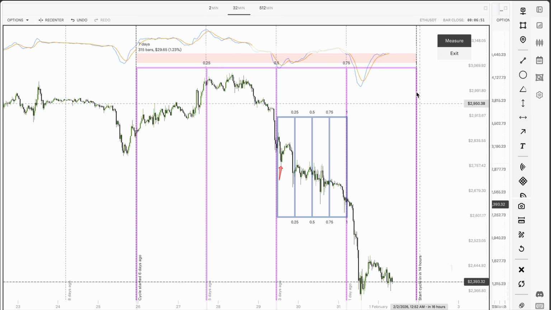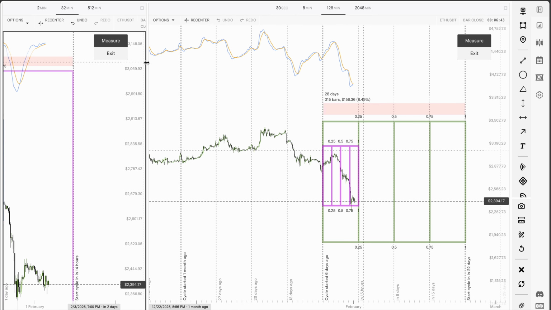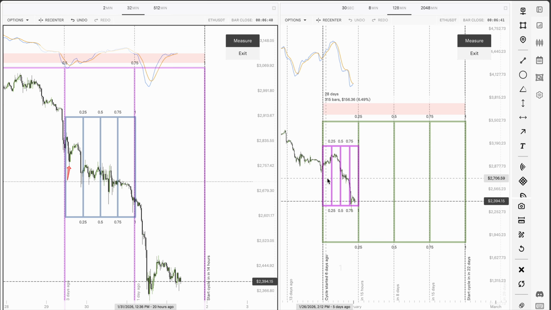Outlined in this fuchsia color, you'll see that just like the dolls, this entire weekly cycle fits inside of the Big Brother cycle, which is the 128-minute cycle. It fits into exactly 1/4 relative size.